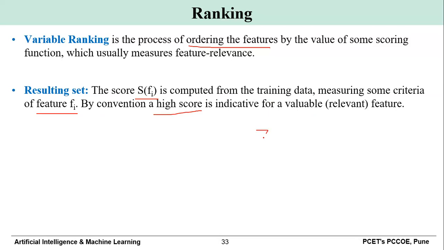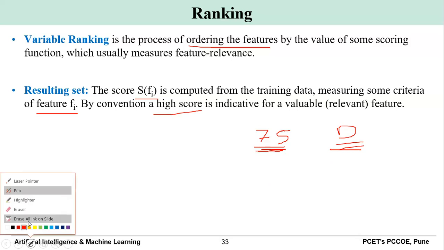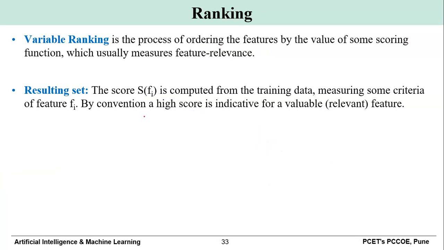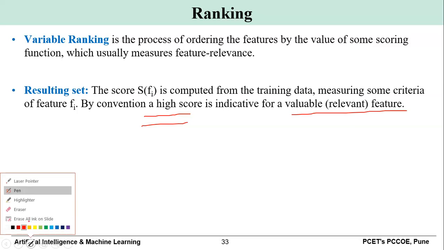So the students who received marks more than 75 will be in distinction. The marks are a criterion to decide whether a student will be in distinction, first class, second class, or a fail state. So highest score means more relevant feature, lowest score means irrelevant feature. Accordingly we do it.